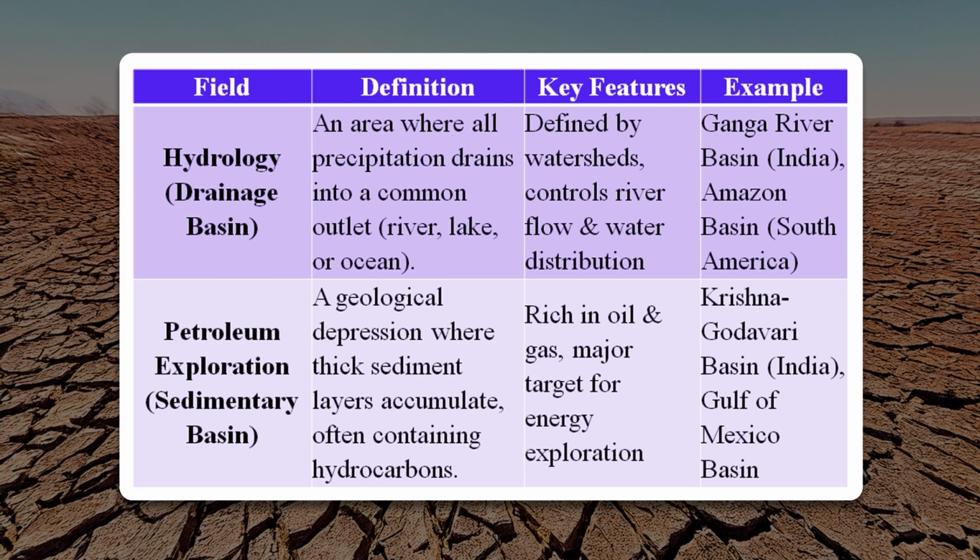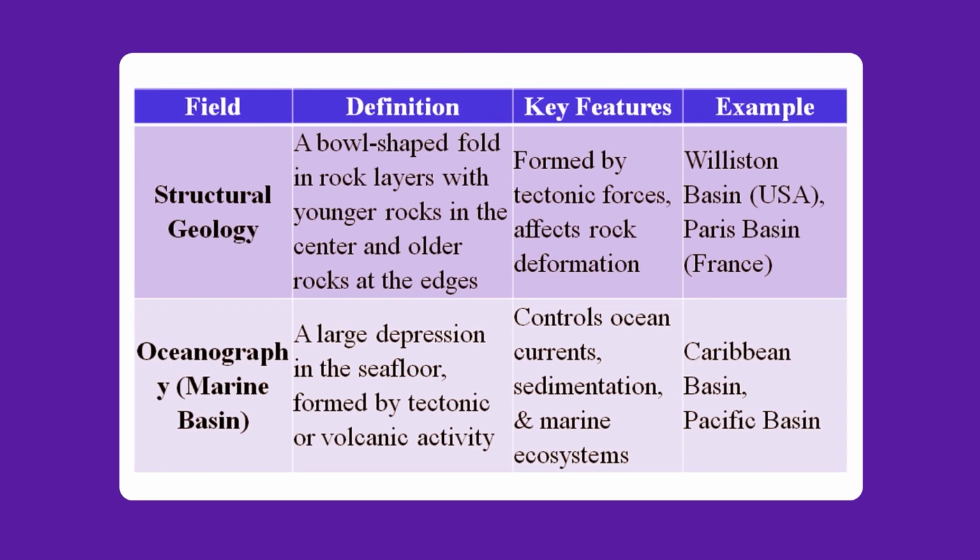In petroleum exploration, it is a geological depression where thick sediment layers accumulate, which often contain hydrocarbons. To a structural geologist, it could be a bowl-shaped fold in rock layers with younger rocks in the center and older rocks at the edges. And to the oceanographer, it is a large depression in the seafloor formed by tectonic or volcanic activity.